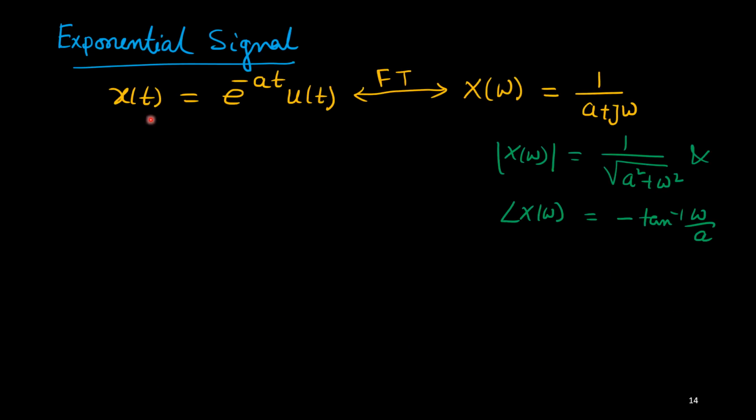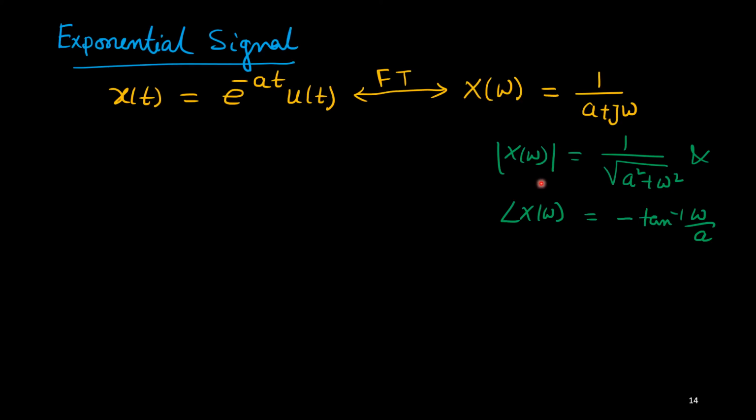Thus, we have obtained that for this exponentially decaying signal e to the power minus at u of t, its Fourier transform is 1 upon a plus j omega. This is most important. We will be using this signal frequently, so you need to remember the Fourier transform of this signal.